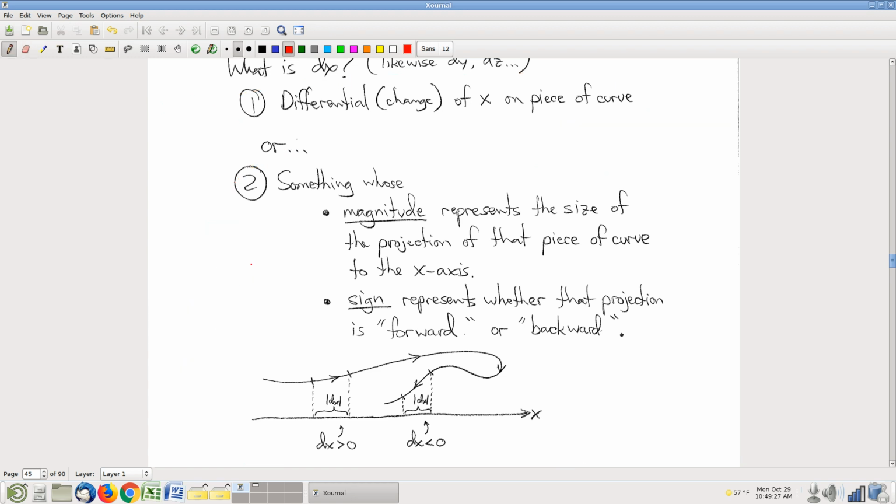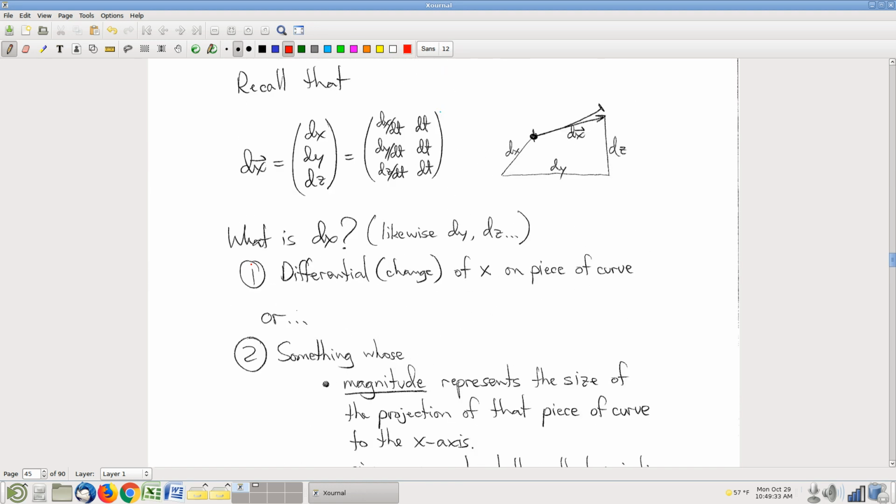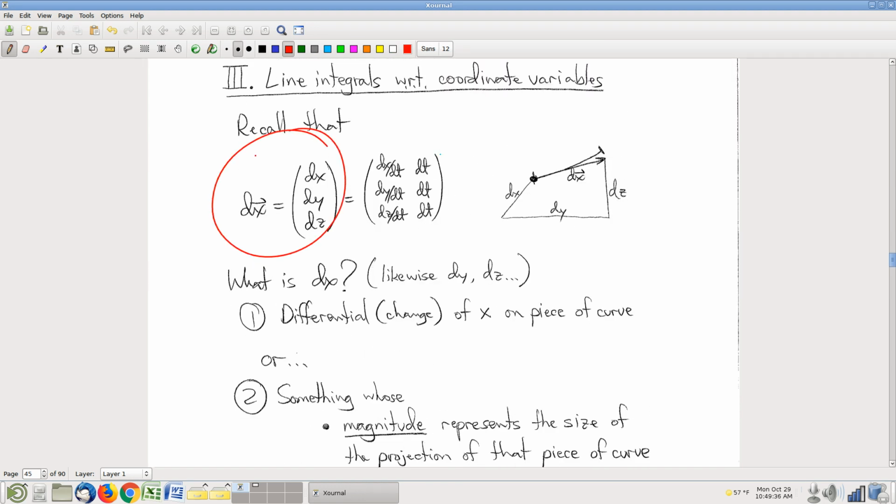Okay, now we're going to set that aside. We're not really going to do anything with that at this particular moment. But proceeding along from here, the vector dx has its coordinates, these coordinate differentials, which we know how to compute. And now I'm going to do something that we could have done a long time ago, but we never quite got around to because, well, why would you?